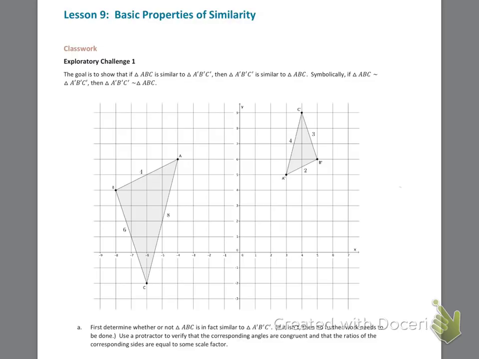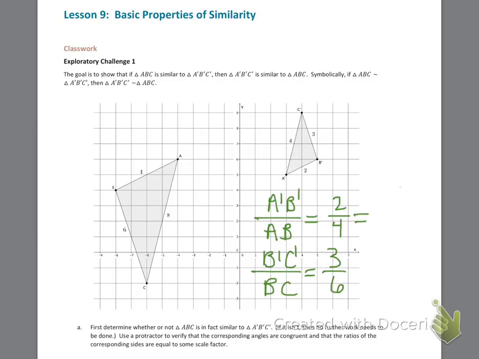We want to look at the ratio of A prime B prime to AB, and we can see A prime B prime has a length of 2 and AB has a length of 4 on our diagram here. And we can check another pair of corresponding sides, so we can look at B prime C prime compared to BC, and B prime C prime is 3 and BC is 6.